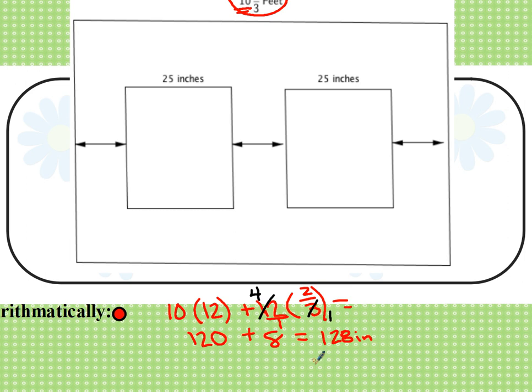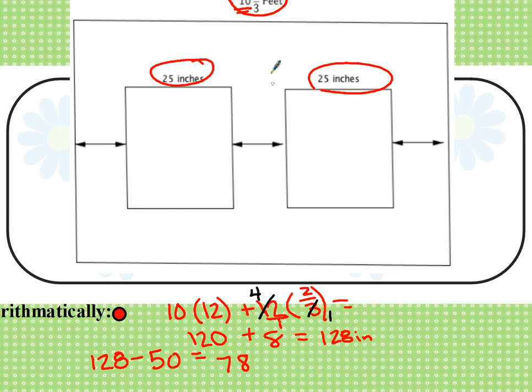Okay, now that we know that, what can we do? Yeah, we know that these 3 are going to be the same distance, but we have to first subtract that, right? So we're going to have 128 minus, well, what is 25 plus 25? Yeah, 50, just like 2 quarters. So when we subtract that, we get 78.